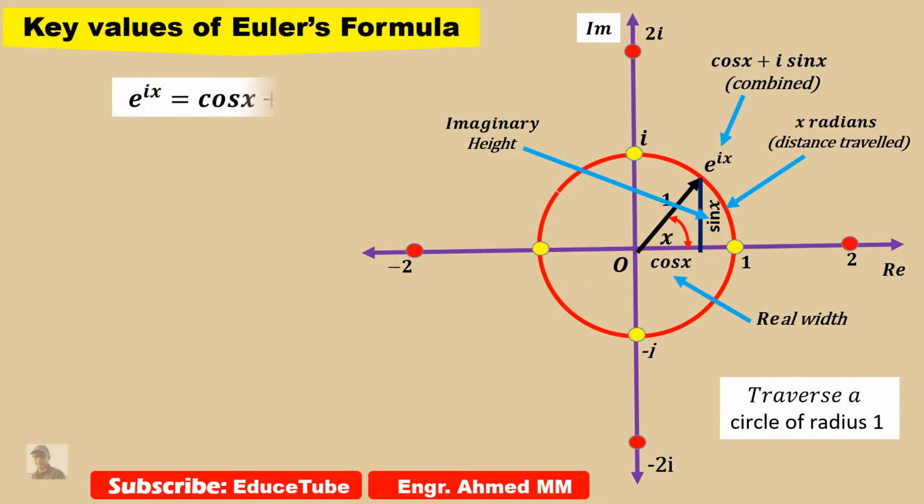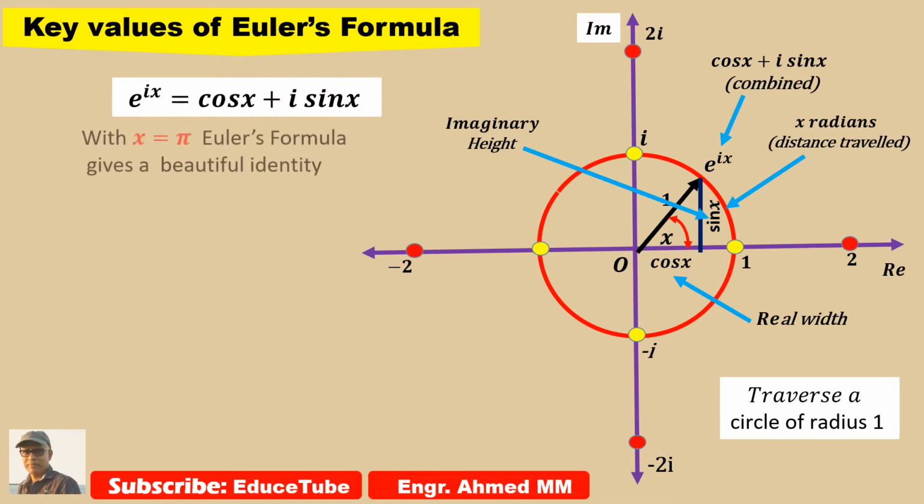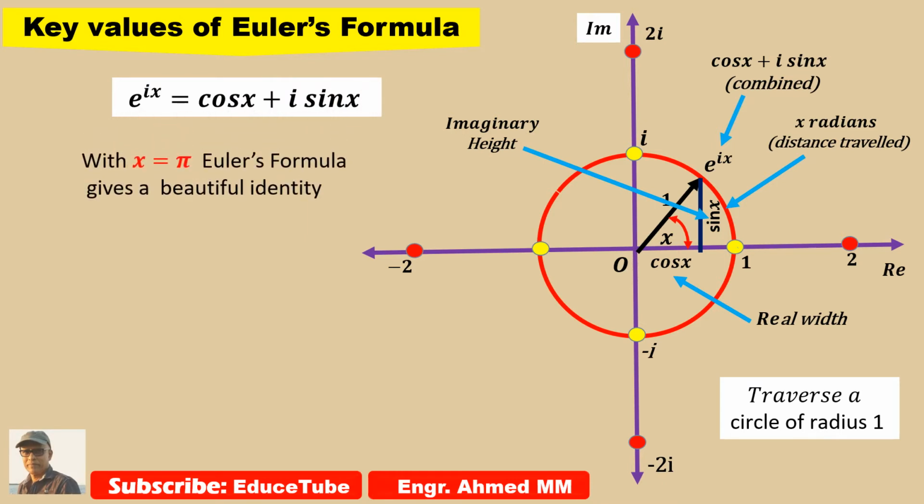So this Euler's identity is one of the key values of Euler's formula, I mean with x equal to pi. Because with x equal to pi, Euler's formula gives a beautiful identity.